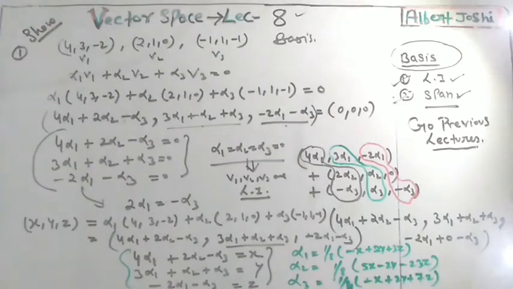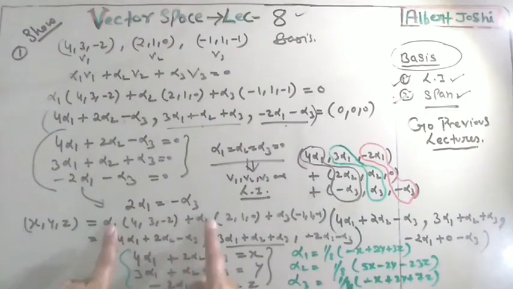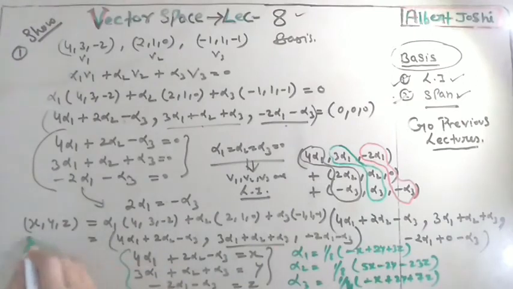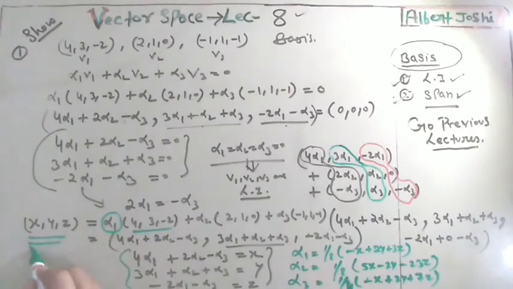If we have found alpha 1, alpha 2, alpha 3 in this form, it implies that this x, y, z can be generated by the help of these scalars and vectors. If any vector can be generated, it means that you can put any value here. These are the free variables x, y, z, any value.